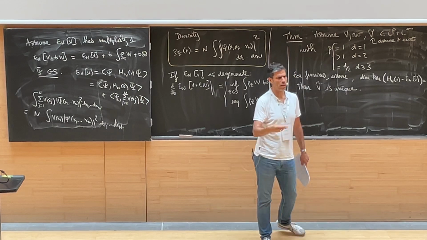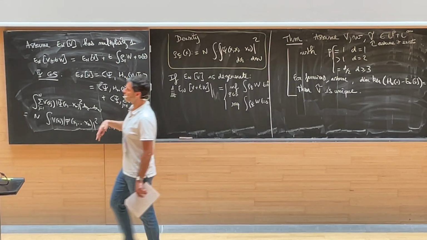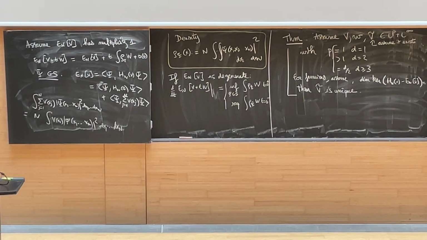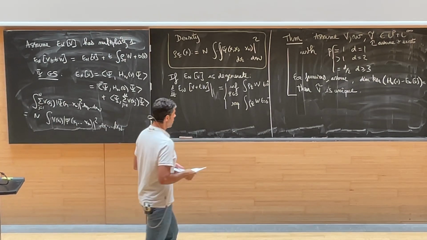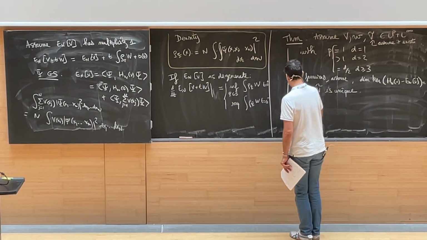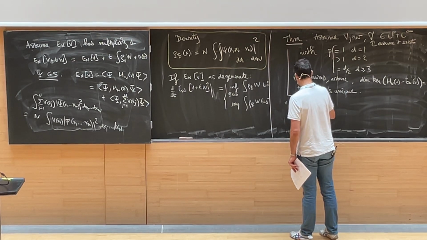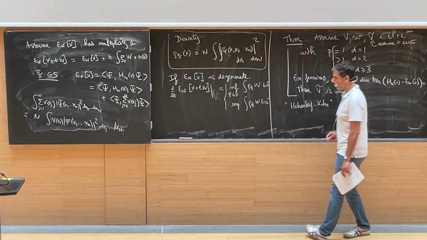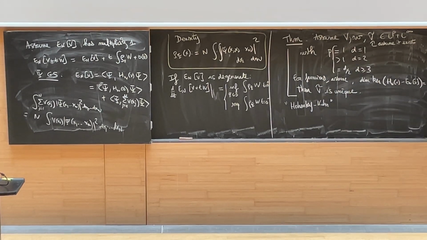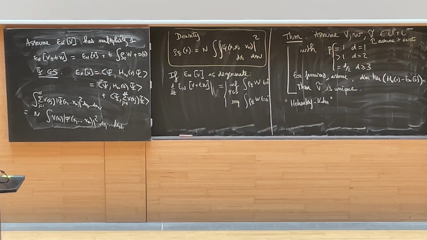I should say unique up to a constant, but the constant is fixed by this condition. So then it's unique. This is a version of what's called the Lieb theorem. But it's an easier Lieb theorem because, as you will see, it's only about the non-interacting problem. So I'm going to do the proof and then I will stop.